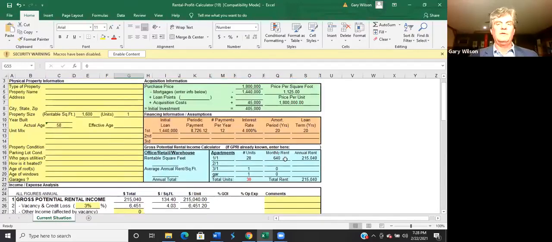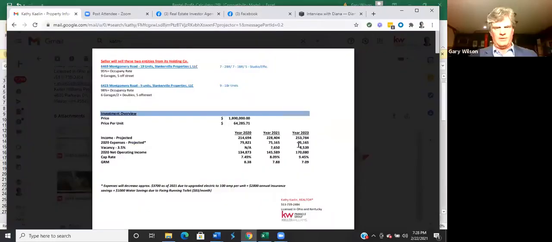Do you guys think we can get more rents per unit? I think that we probably could. In fact, let's go back to her pro forma. All right. They're suggesting that they can add, over a 3-year period, 215 and 253, another $40,000, about 20% increase in rents.